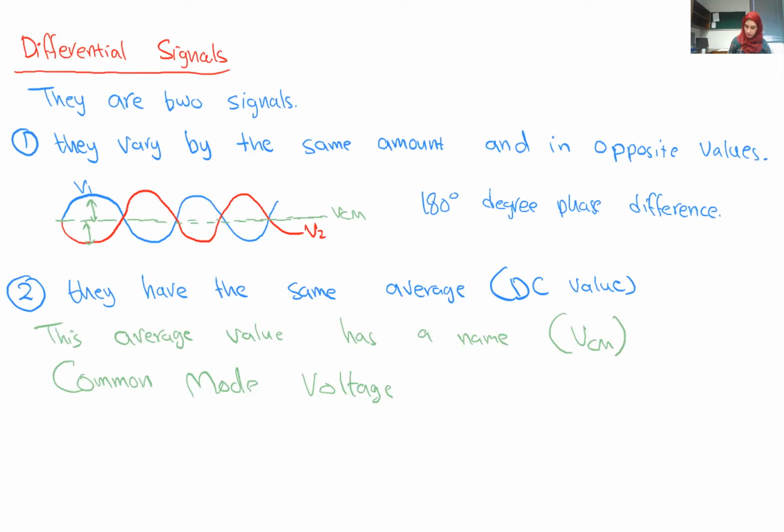Okay, there can be, for example, signals that achieve the first condition, but do not fulfill the second one.